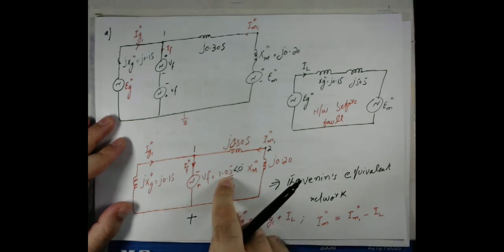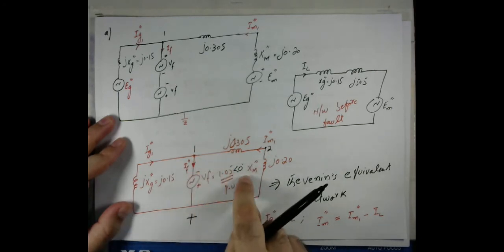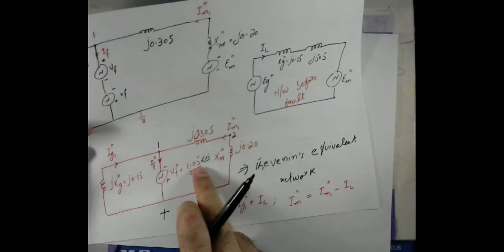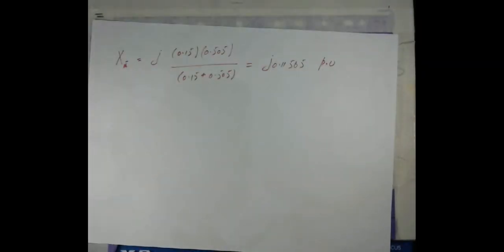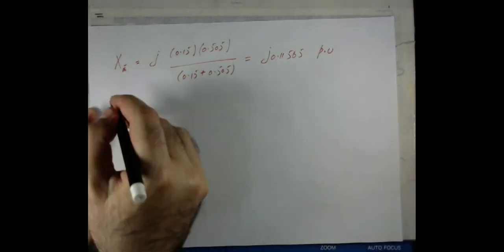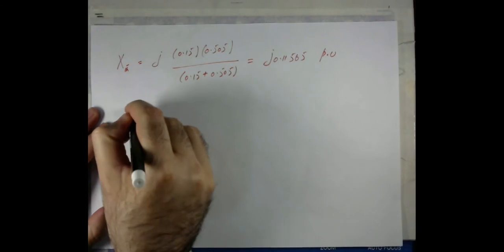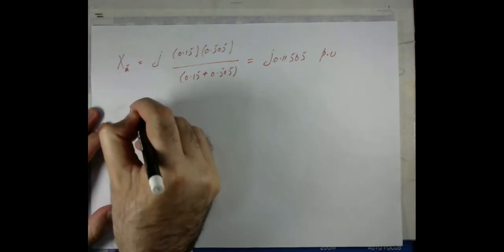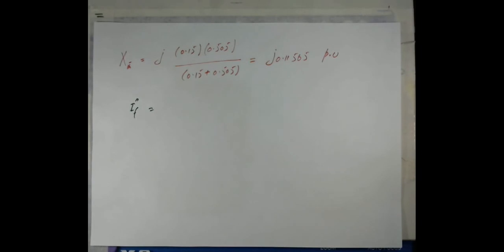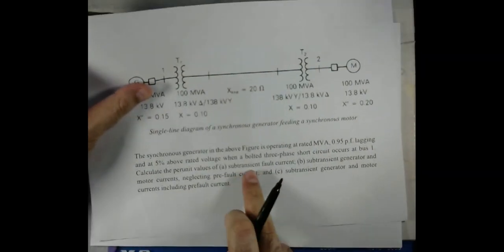It is 5% above the rated value, so it will become 1.05, and we take it as a reference, so the angle will be 0. Now dividing this value by the equivalent reactance, we get the subtransient fault current, which we represent by IF double prime. So that is the first task, find the subtransient fault current.